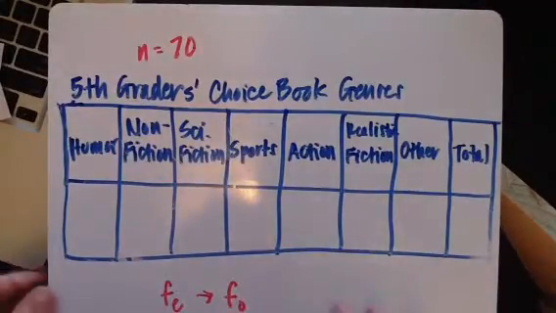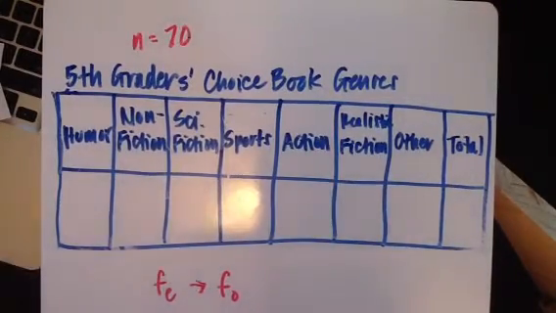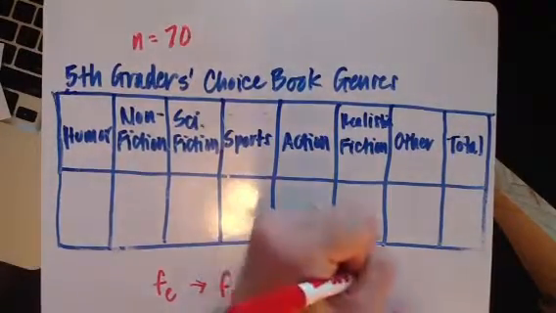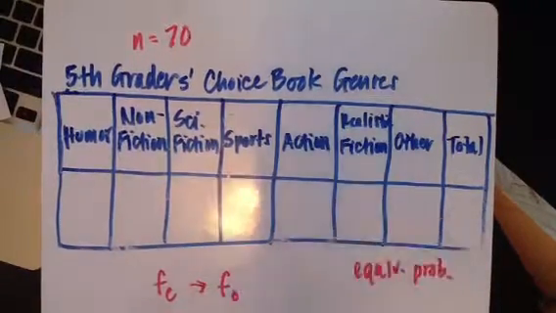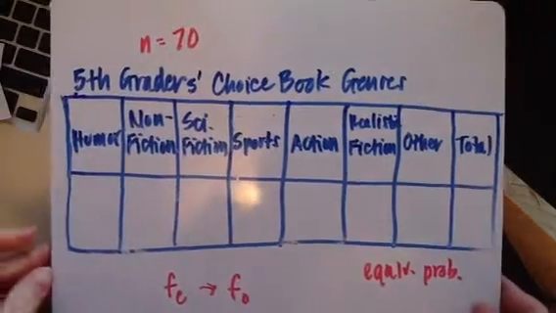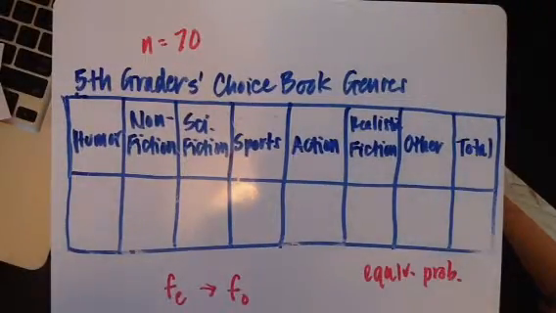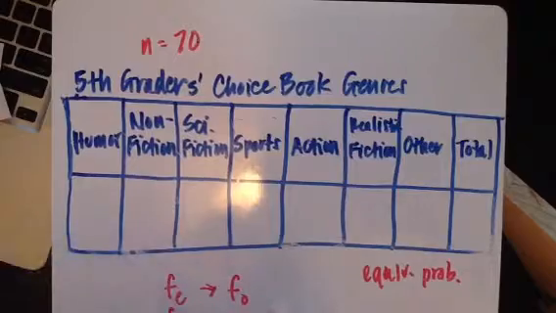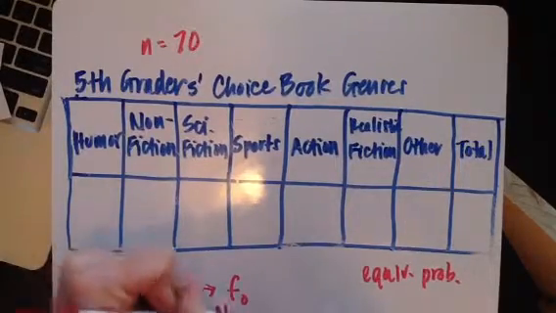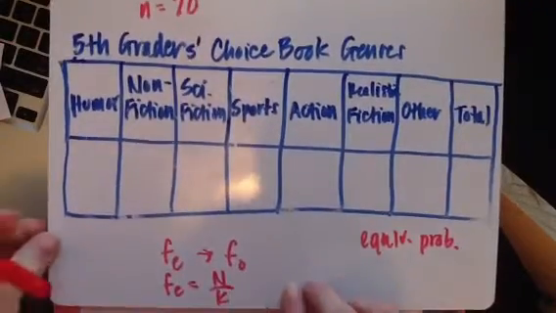So how do we figure out what our expected frequency should be? Well, there are two sorts of situations. The one situation is where we have equivalent probability. So in other words, we don't think that there's any reason to think that humor is going to be chosen any more often than sports, etc. In that particular case, our expected frequency is simply our n size divided by our number of categories.